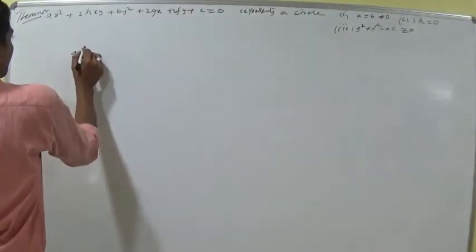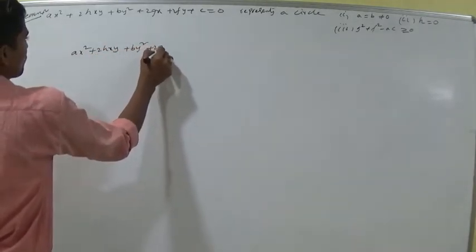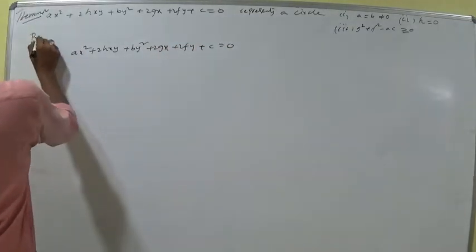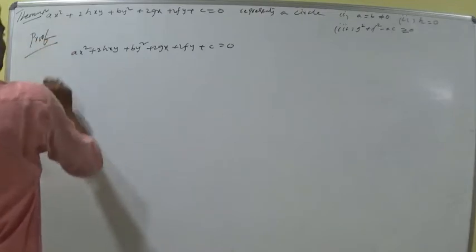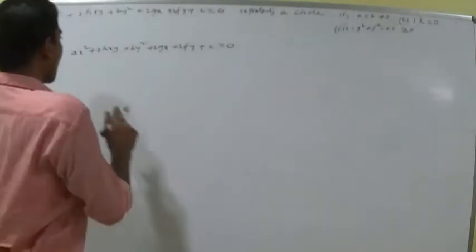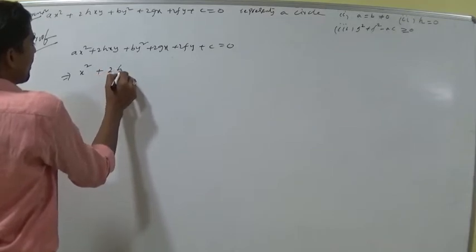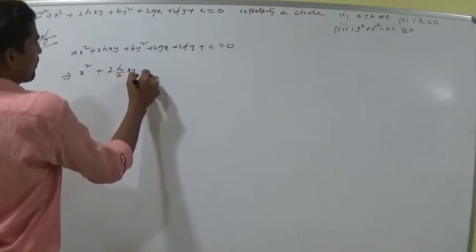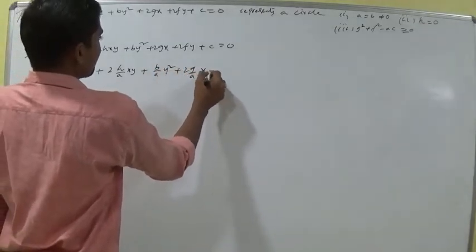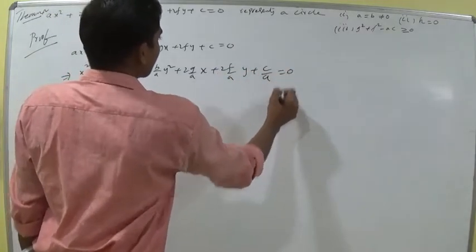Take ax² + 2hxy + by² + 2gx + 2fy + c = 0. Let us divide by a. x² + (2h/a)xy + (b/a)y² + (2g/a)x + (2f/a)y + c/a = 0.